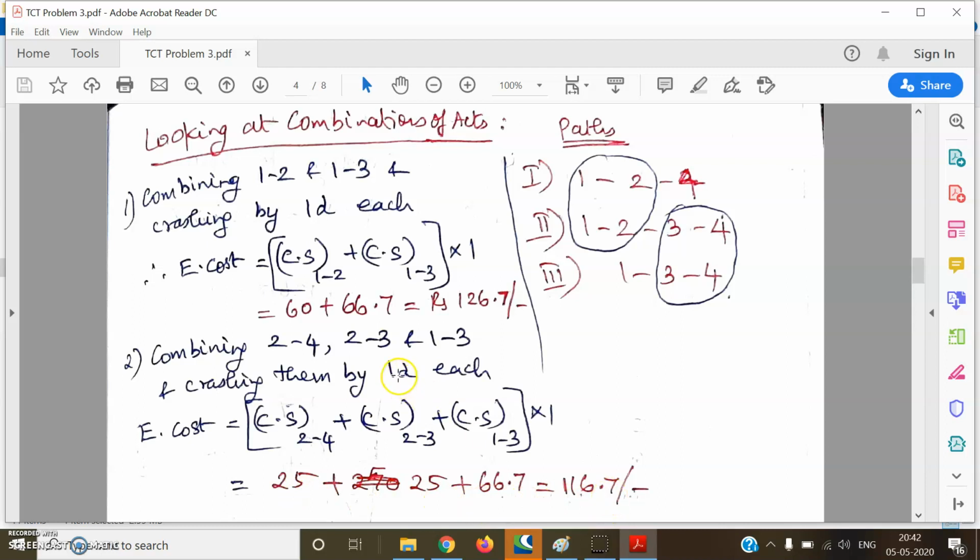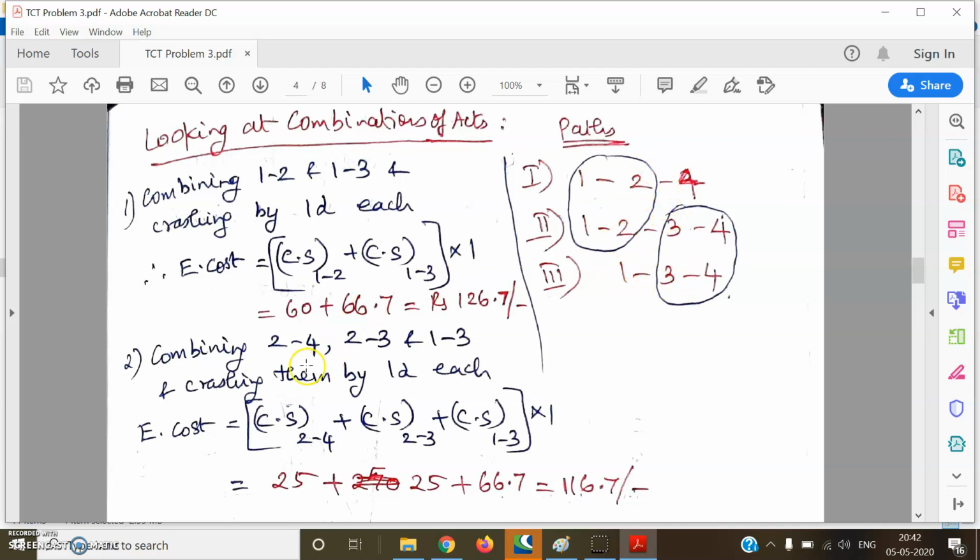Now you may wonder, why am I taking 3 activities here? The first combination also has only 2 listed, but actually 1, 2 itself is common for these 2 paths, therefore it applies to both paths, and then 1, 3 along the third path. So it is like 3 activities only. 1, 2 is a common activity for first and second, and 1, 3 is on the third path.